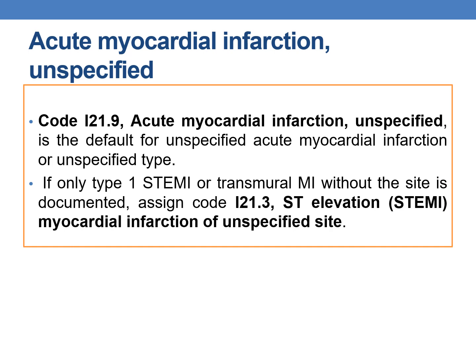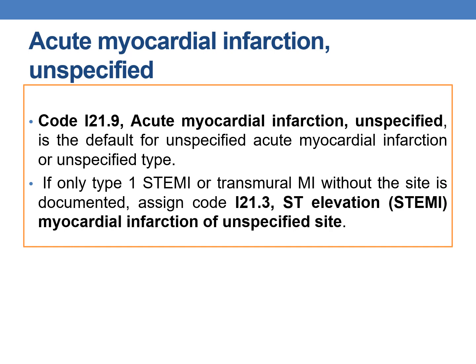Now coming to acute myocardial infarction unspecified. The code I21.9, as we have discussed earlier, acute myocardial infarction unspecified, is the default for the unspecified acute myocardial infarction or unspecified type. For acute myocardial infarction NOS and also for the unspecified type, the default code is I21.9.